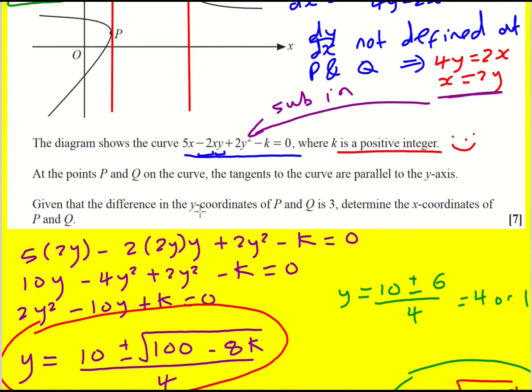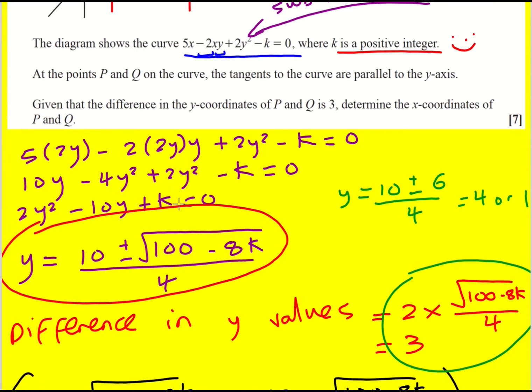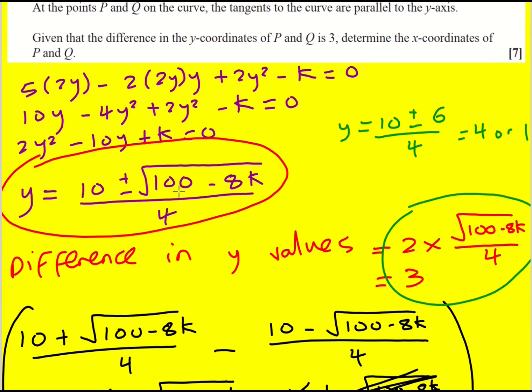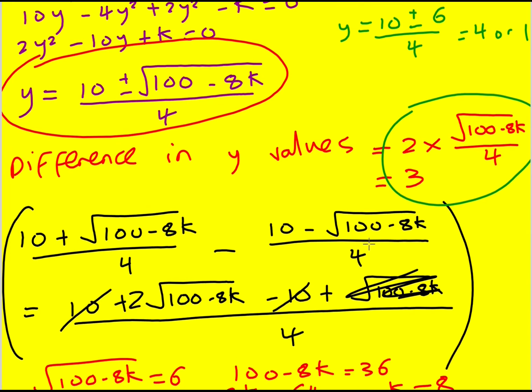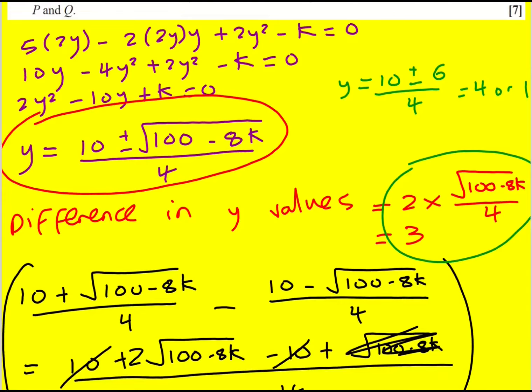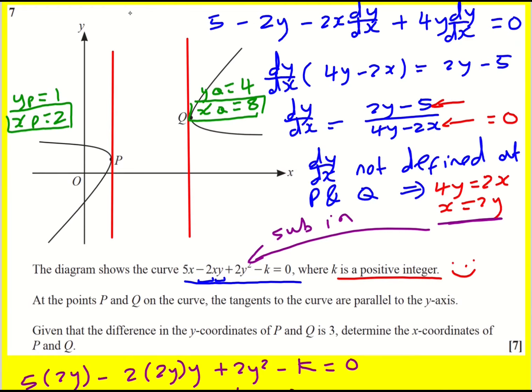Sub it back in. We get an equation involving k. We investigate that. You could investigate the discriminant, but better to just go for the solution involving the discriminant. Find the difference in the solutions in terms of k, set that equal to 3, solve to find k, sub back in to get y, sub back in to get x.